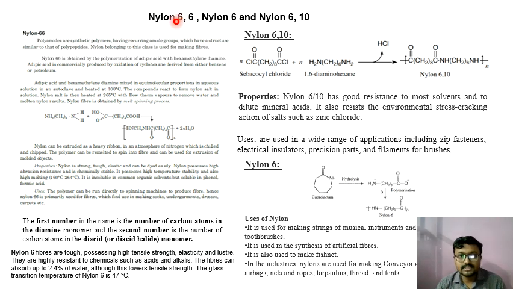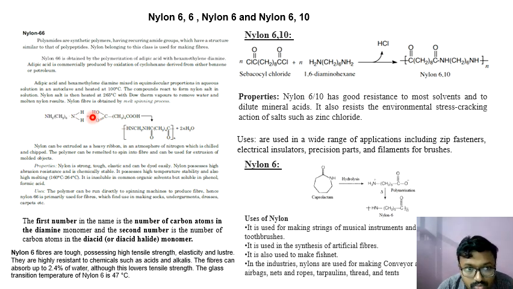So what are these numbers? Nylon 66 means this one. We start the reaction between hexamethylene diamine, NH2 (CH2)6 NH2, and adipic acid. Adipic acid is HOOC (CH2)4 COOH. In adipic acid the total number of carbons is 6, and in hexamethylene diamine the total number of carbons is 6.